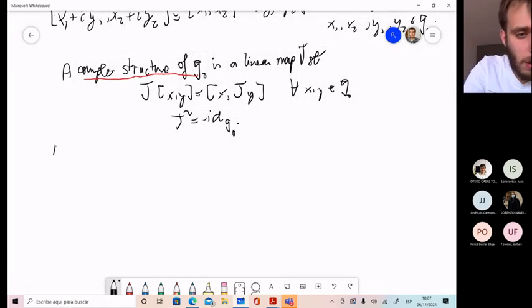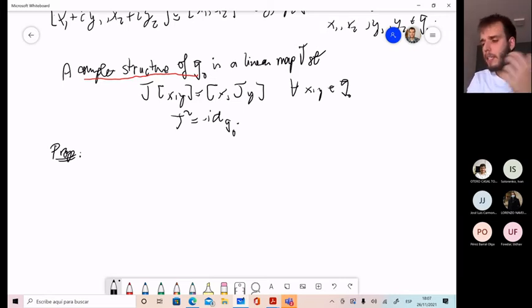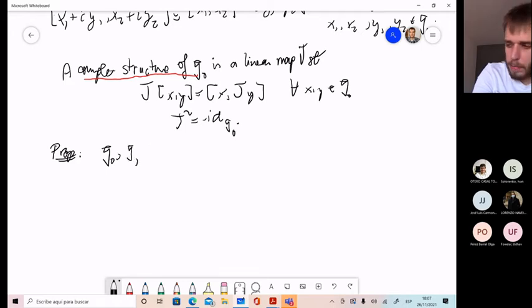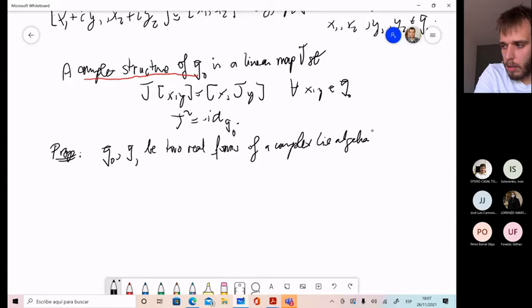Okay, so let's go with this proposition. I told you about real forms of complex vector spaces, so now you can consider real forms of complex Lie algebras.